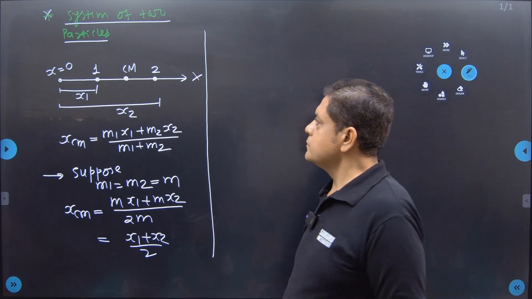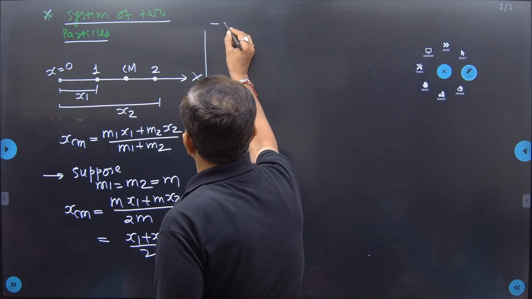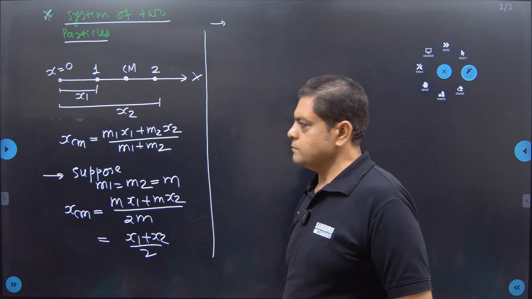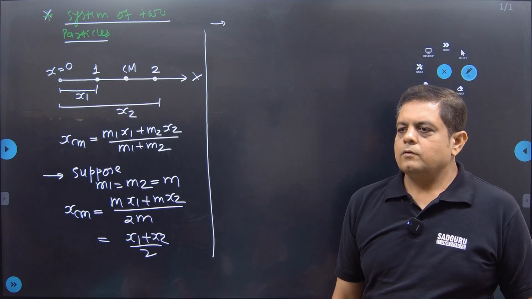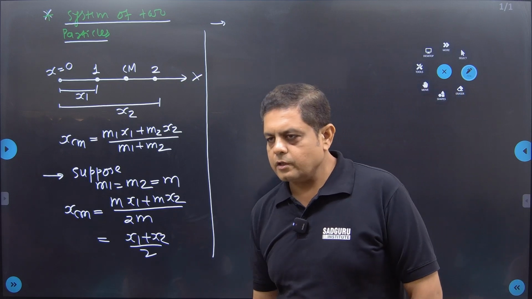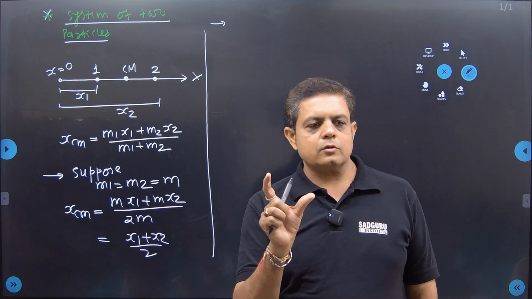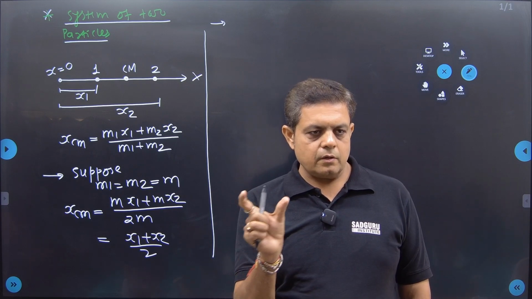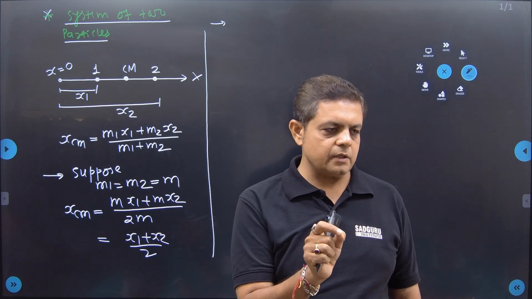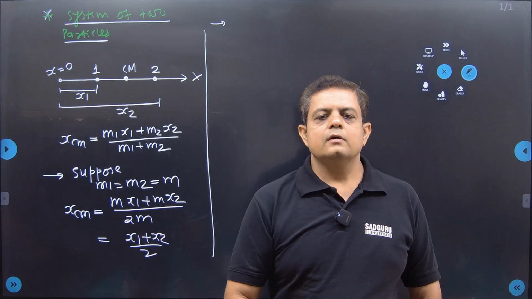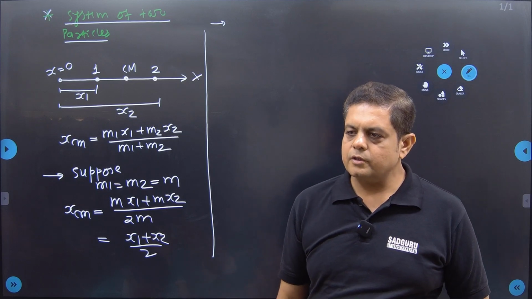Okay. Now let's discuss another case for the same system of two particles. Here we are going to derive the relation of the total distance with the distance of particle 1 from the center of mass, that is r1, and the distance of particle 2 from the center of mass, r2.